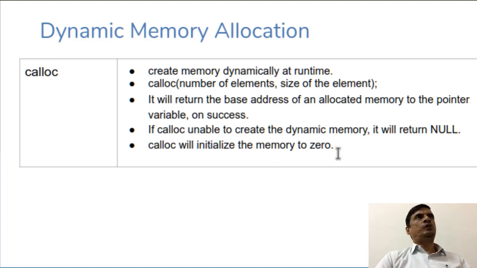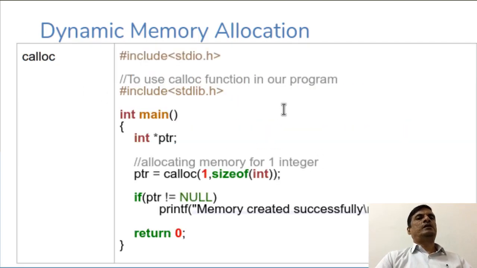When you want to initialize all the allotted memory with 0, then you use calloc. When you don't want any initialization and let the earlier content be retained, then you use the malloc function. That is the core difference between malloc and calloc. So this is a simple program which illustrates that concept.